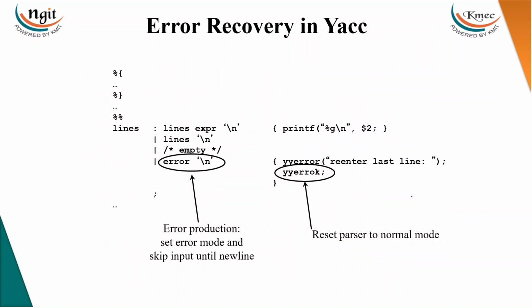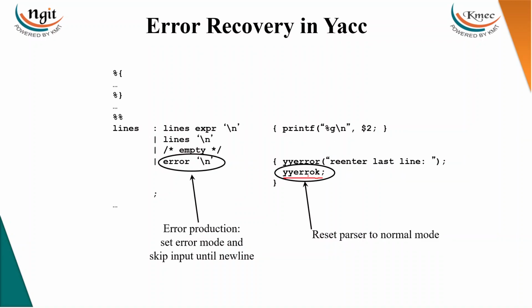Here we have one more concept called error recovery in YACC. Assume that we have an error here: set error mode, skip input until newline. Then you can simply reset the parser to normal mode by calling yyerror. Here it would otherwise be terminated directly. Whenever you get an error, instead of that you can reset it to normal mode by calling yyerror.